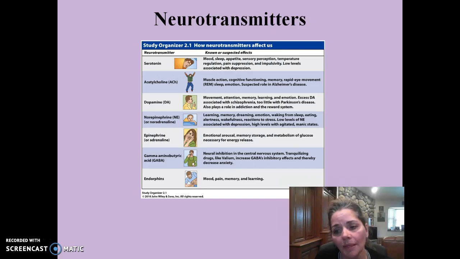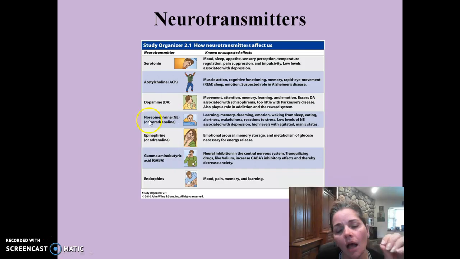Schizophrenia is when your dopamine levels are too high, and Parkinson's is when your dopamine levels are too low. And you may have heard of addiction, that dopamine reward center. Drugs can also increase your dopamine.